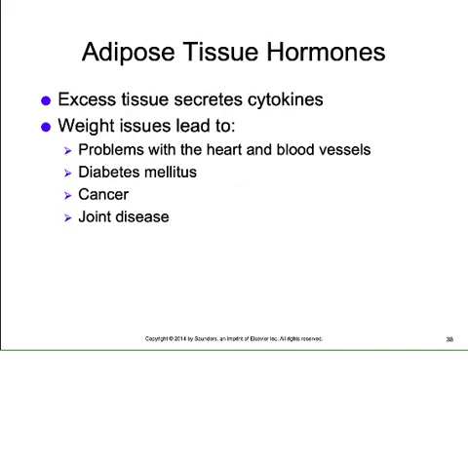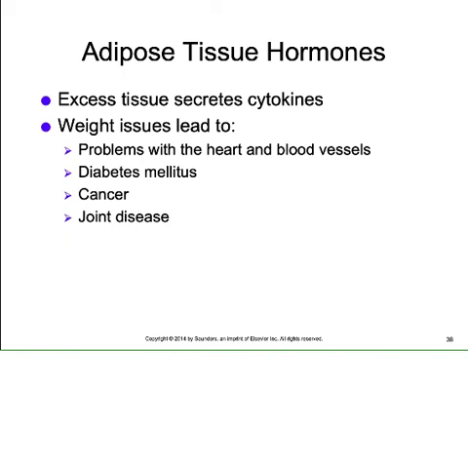Okay? Adipose tissue hormones are important. Adipose tissue produces leptin, which is an appetite suppressant. Okay? Note that adipose tissue has a lot of blood vessels. Additional blood vessels increase blood pressure and strain the heart.